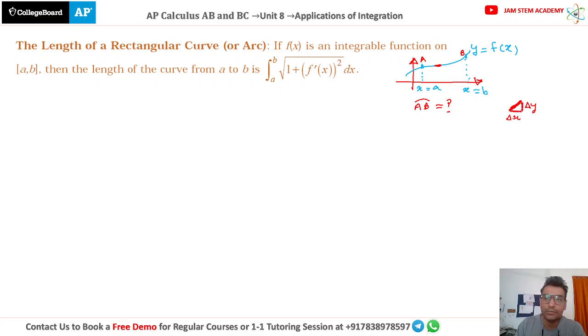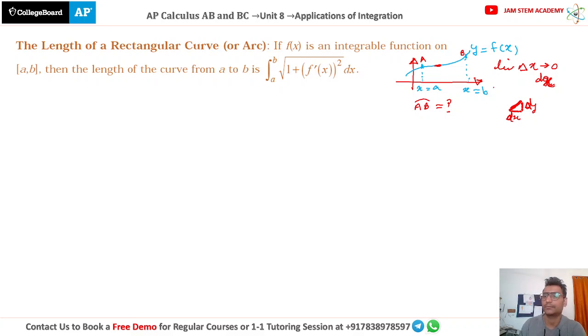If the distance is very small, then we use dy and dx. Delta x is only a change, but when delta x approaches 0, we write it as dx.